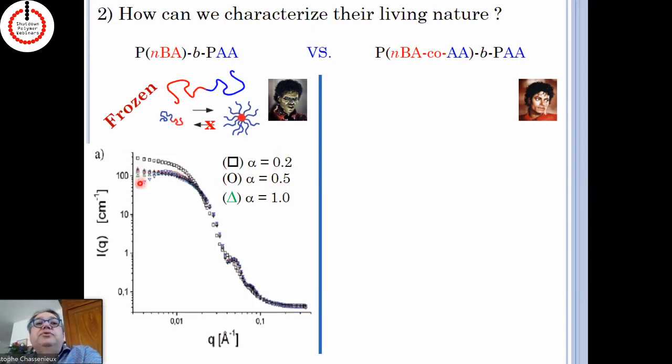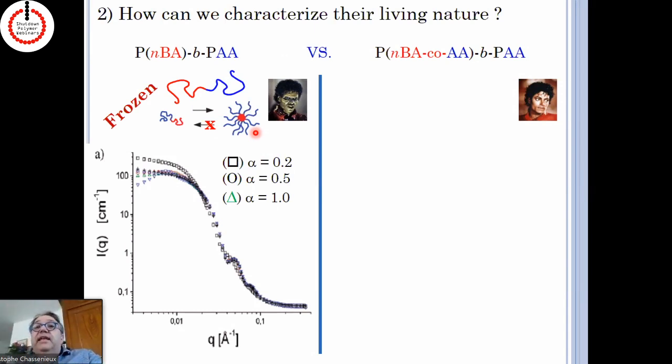You can see also that if you look now at very low value of Q, where you measure the molecular weight of your system, you have a small difference between all the systems, but this difference is very, very small, which means that here, whatever the ionization degree, the micelles always have the same size and almost the same molecular weight, which is typical of a system which is frozen.